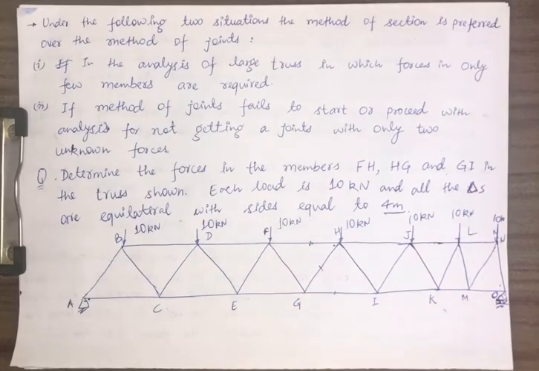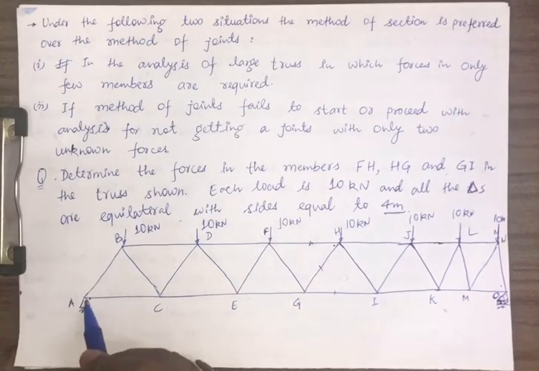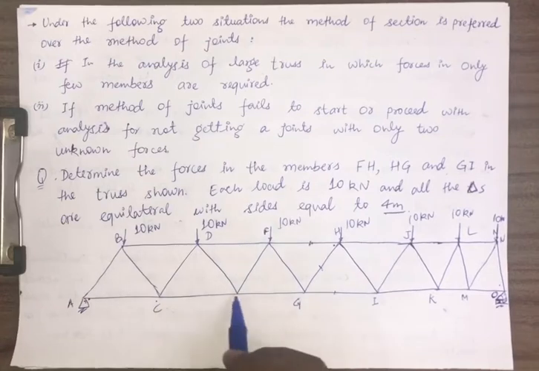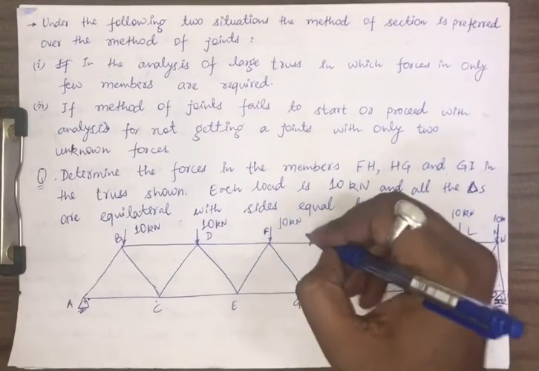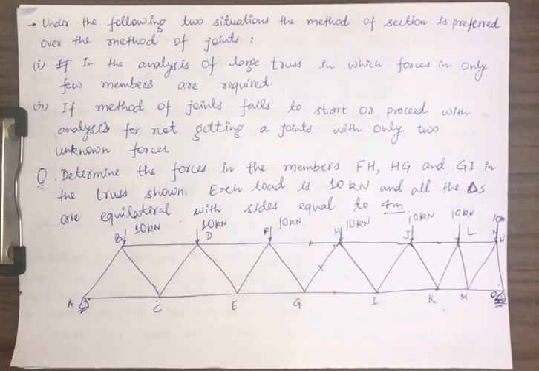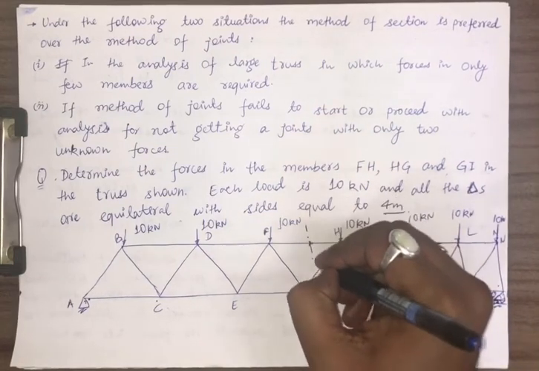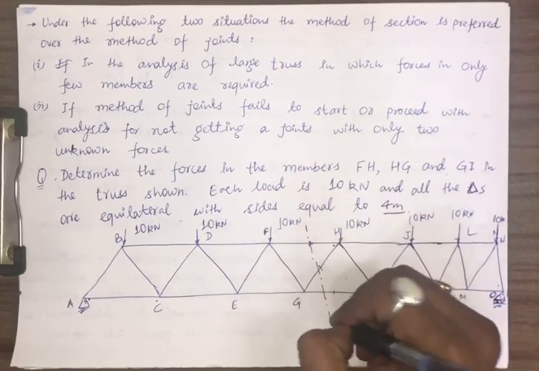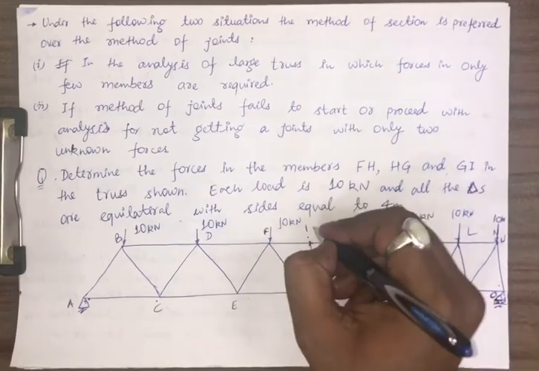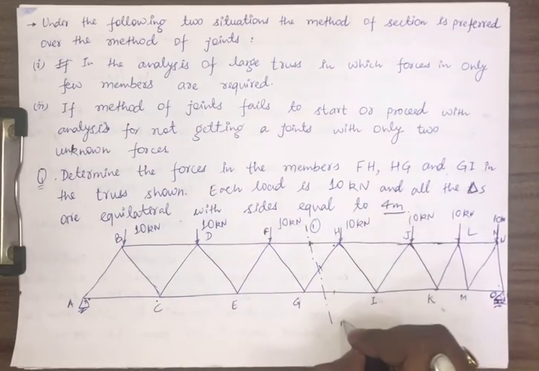So instead of starting from here and moving joint by joint till reaching this point, what we are going to do, we are going to cut this section. Okay, so let us say this is 1 1.